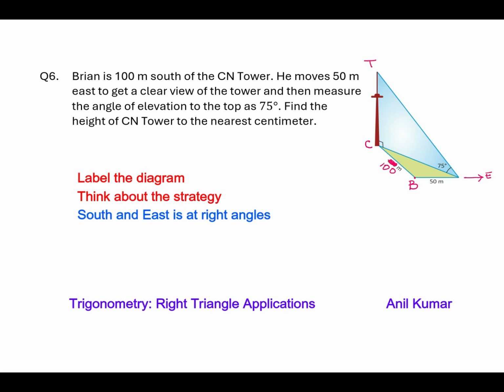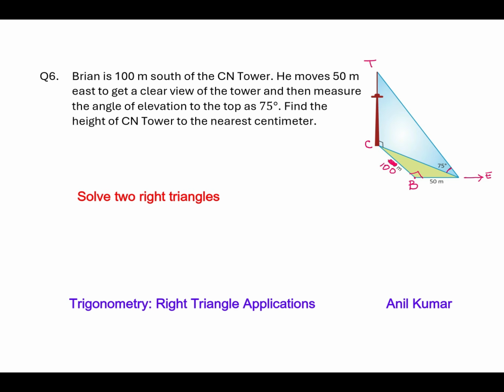South and east are at right angles, and therefore the angle formed here is 90 degrees. That is very critical to understand in this particular case. And then we are given the angle of elevation to the top is 75 degrees as shown. Perfect. So now the things are very clear to us.